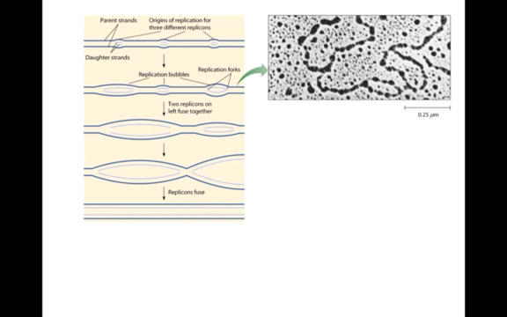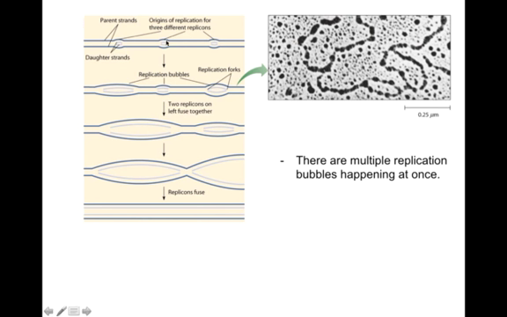Since we've talked about the replication bubble, it turns out that it's not just one bubble, but there are many bubbles forming, so there are multiple replication bubbles happening at once. This is a diagram of what that looks like. This is an actual picture of the DNA.